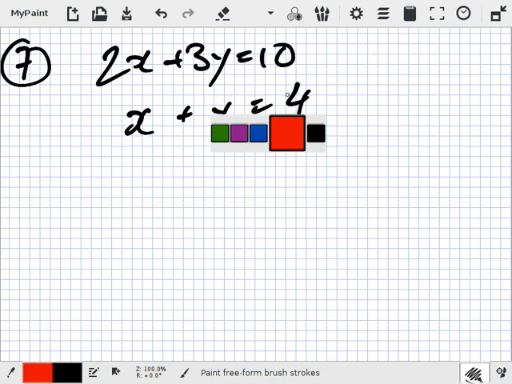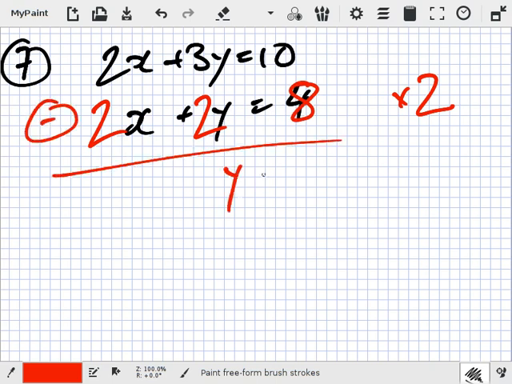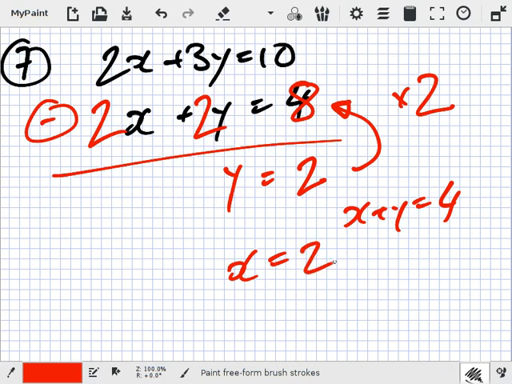I think the easiest thing to do is to multiply the second one by 2, so you get 2x plus 2y equals 8. Then you subtract, so that's y equals 2. You sub that back into x plus y equals 4, so you get x equals 2. So the answer is (2, 2).